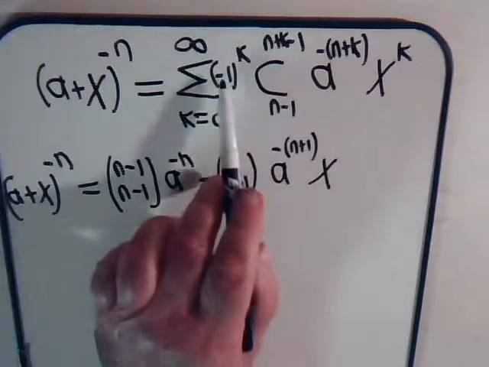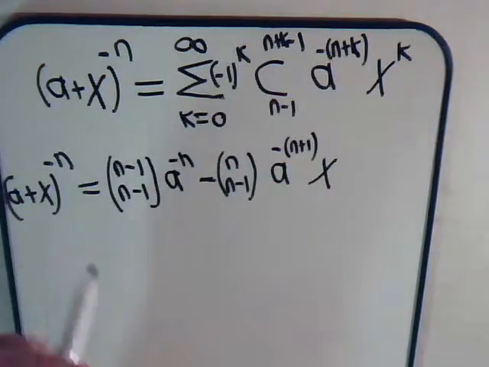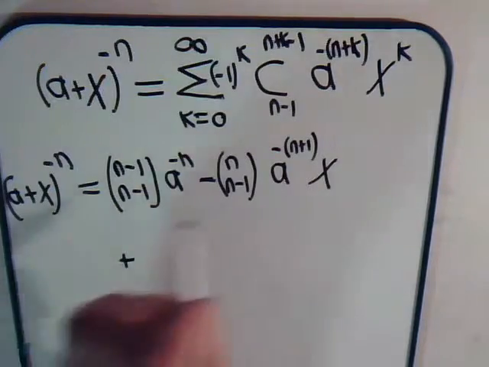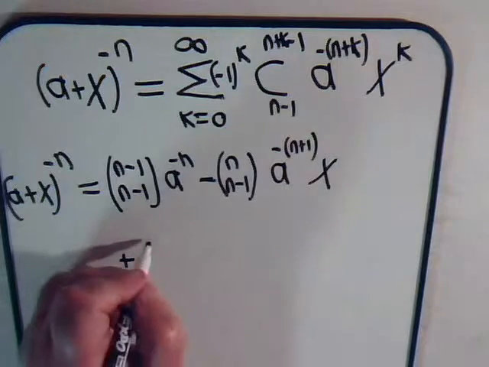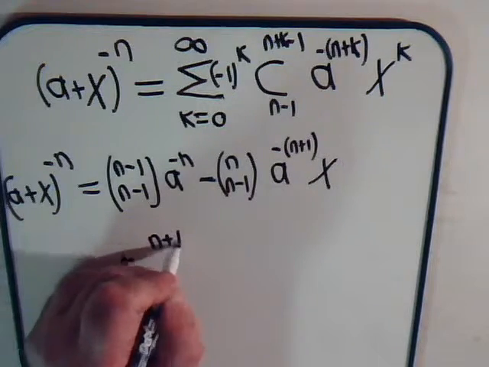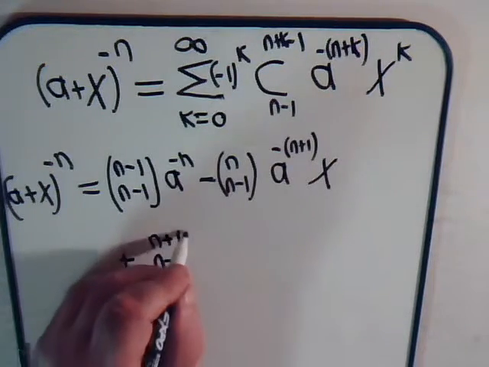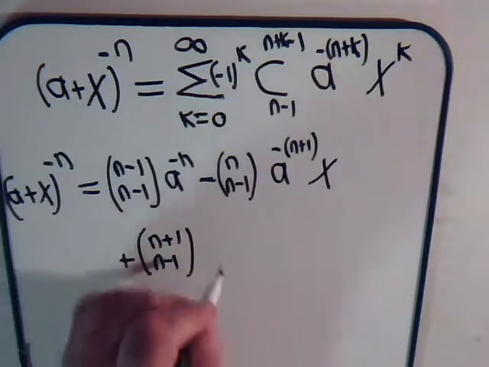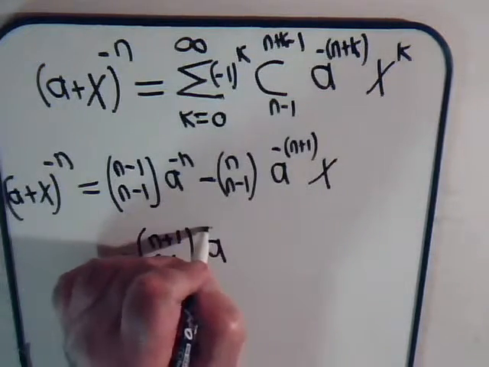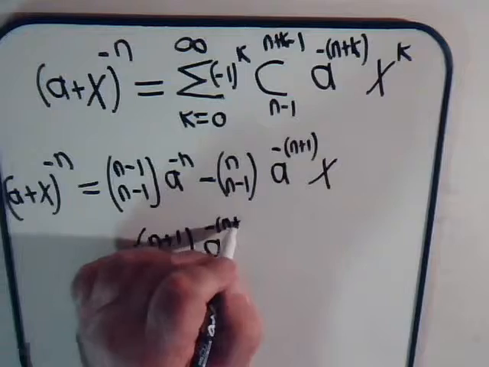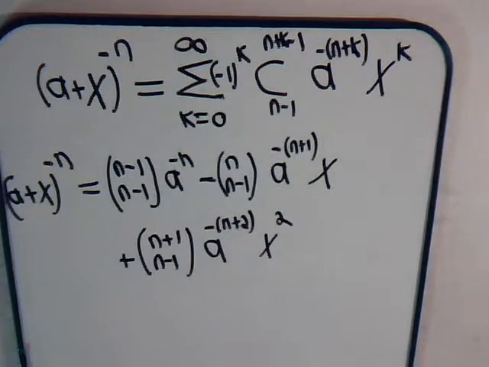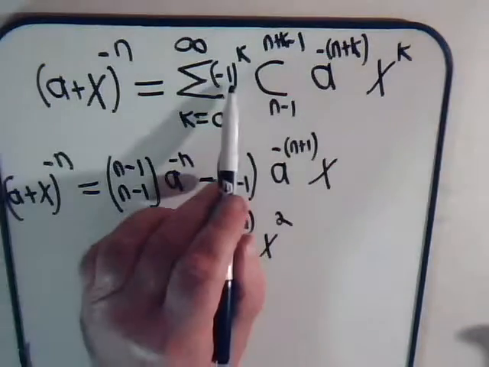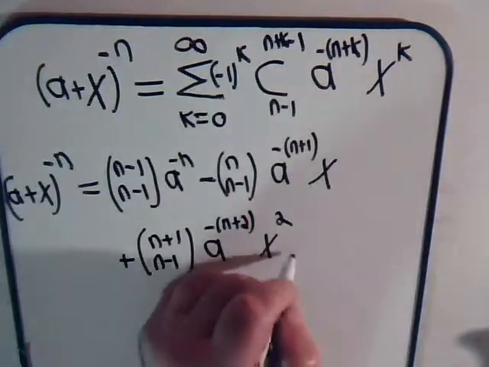k equals 2. Minus 1 squared, that's a positive number. So we have plus, 2 minus 1 is plus 1 now. So you have this binomial coefficient, n plus 1 over n minus 1, a to the minus n plus 2 times x squared. When k equals 3, this is negative, minus 1 cubed.